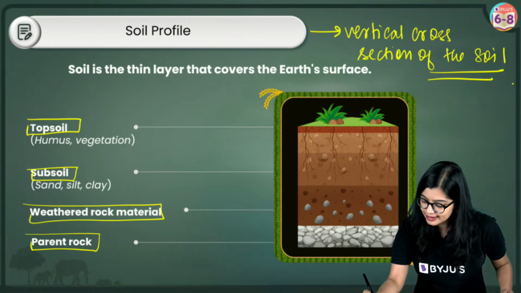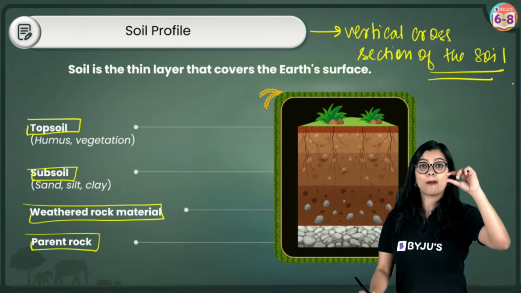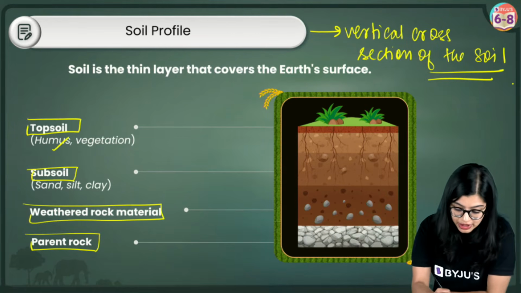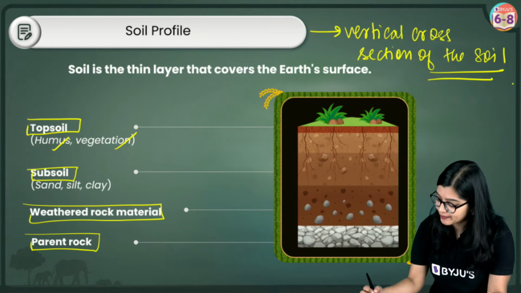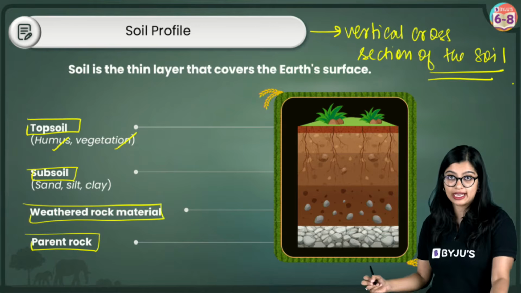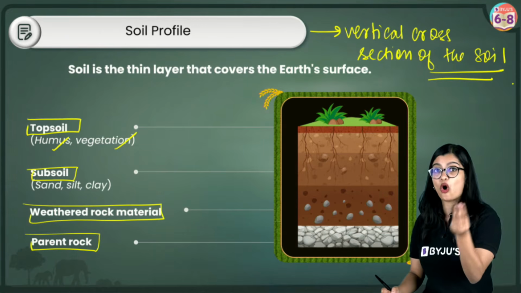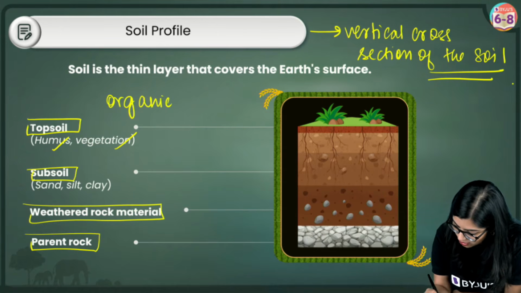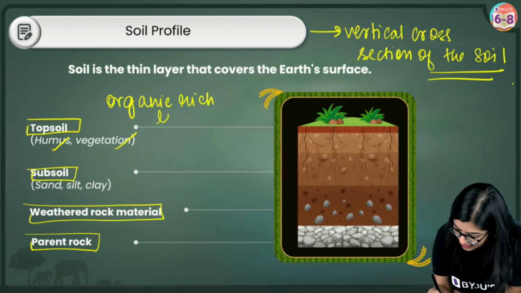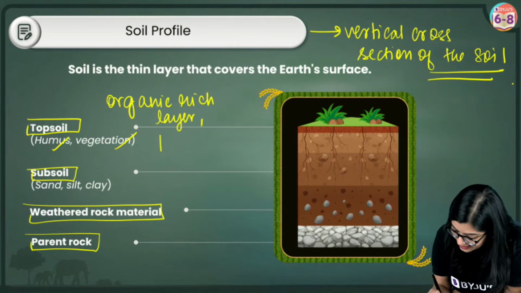Now the topsoil is obviously the topmost layer, which includes humus, and it also includes vegetation as well. This humus is the organic rich layer. And we see that it is porous.